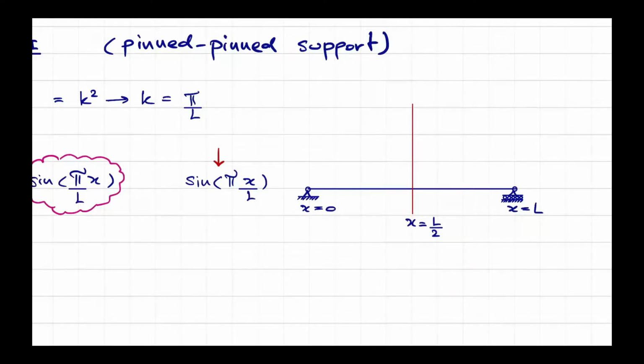Then we can draw the deformed shape or buckling shape. It turns out to be a sine curve like this. And then your sine value decreases all the way until you come to sine pi, which equals 0. Okay?